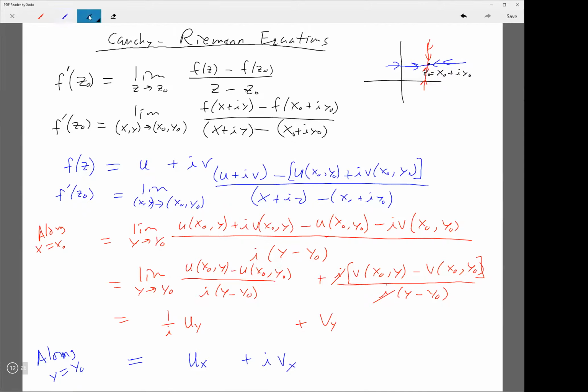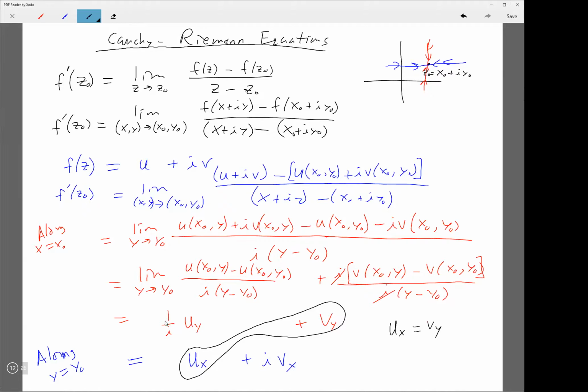Okay, so what's the point of this? Well, I'm probably not going to waste too much time. The point is this: these have to be equal to each other. And these are both real, and these are both imaginary right here. So that means that ux must be equal to vy.